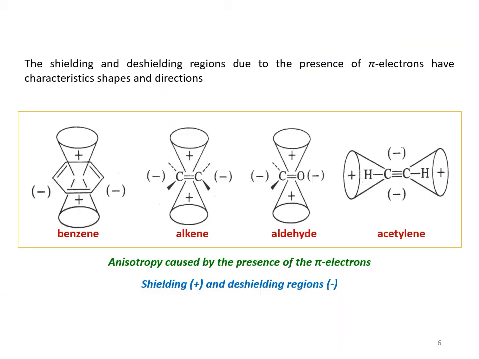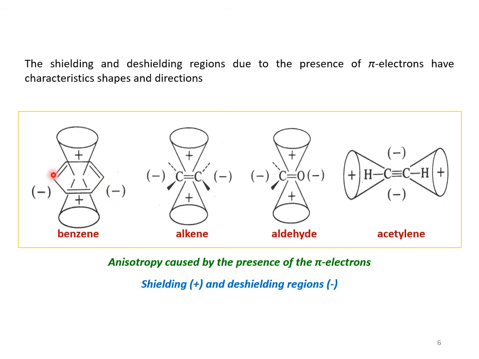In the next diagram you can easily see the shielding zone and de-shielding zone of the compounds having pi electrons. Here plus means shielding zone, minus means de-shielding zone. In benzene, the circulation of the pi electrons induces the diamagnetic anisotropy.